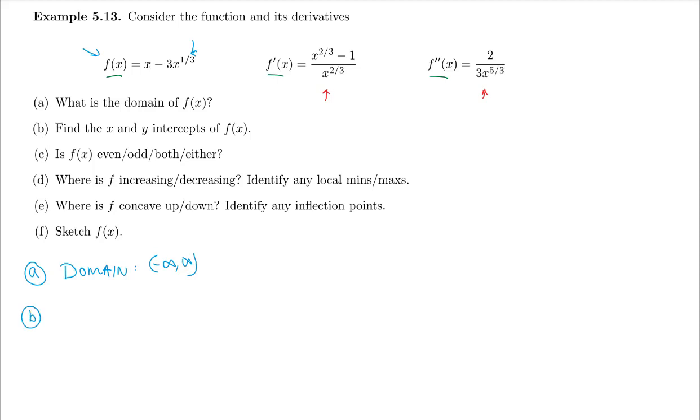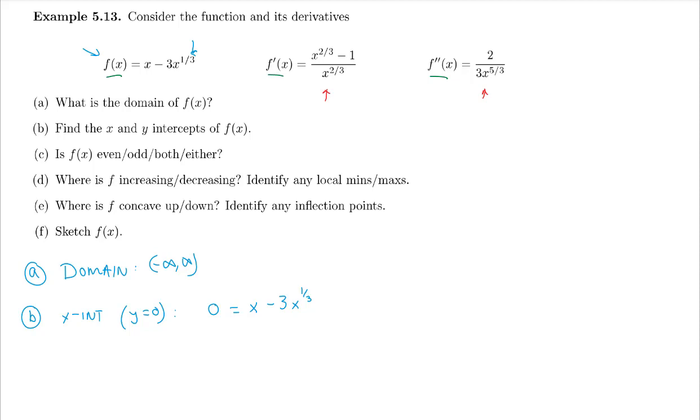For part B, we're looking for the x and the y intercepts. We're going to find the x-intercept by setting y equal to 0. That means that we're going to set the original function equal to 0. So we're going to have 0 equals x minus 3 times x to the 1/3, and we're going to go ahead and solve for x.